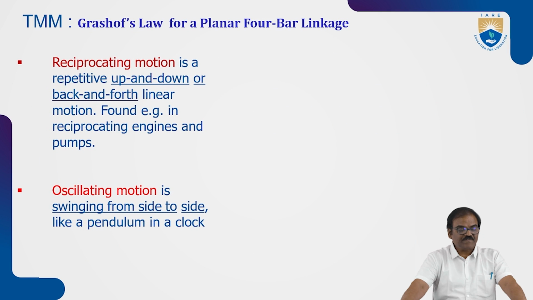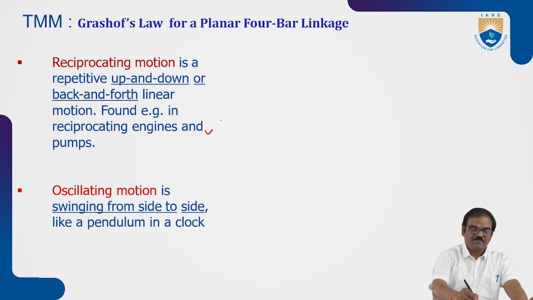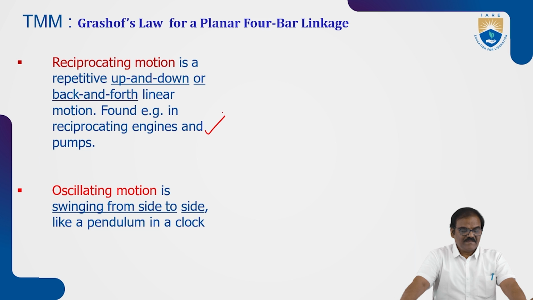Reciprocating motion is a repetitive up and down or back and forth linear motion, for example, reciprocating engines and pumps. Oscillating is the swinging from side to side like a pendulum in a clock.